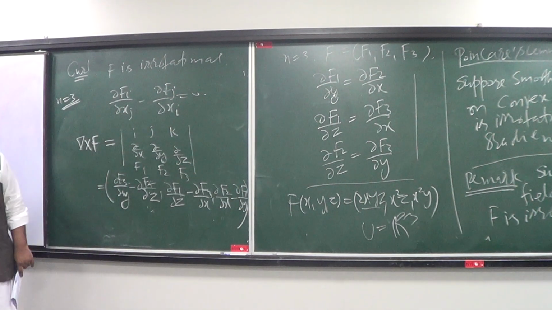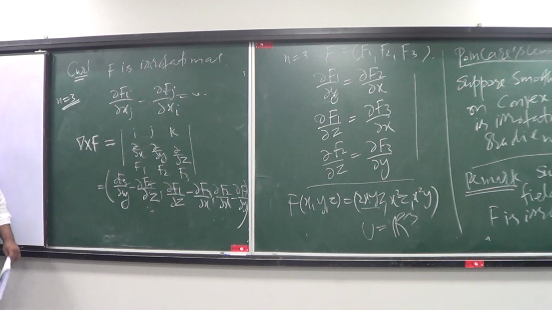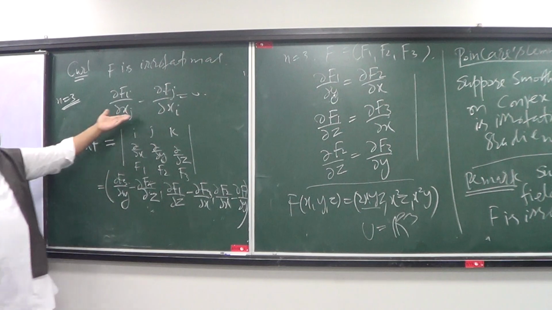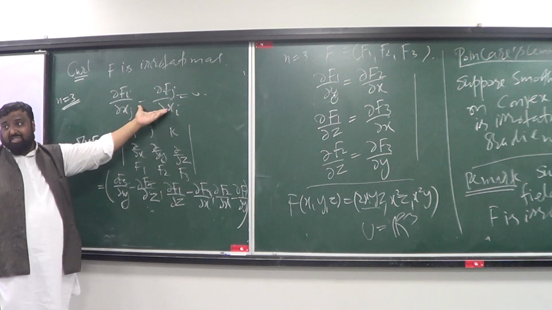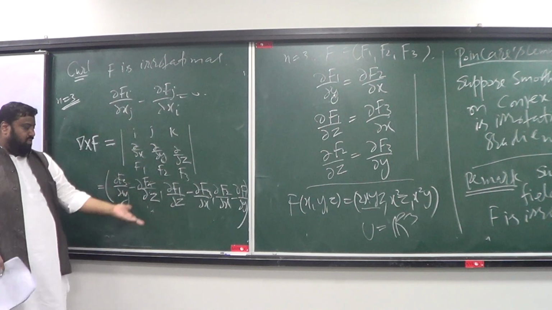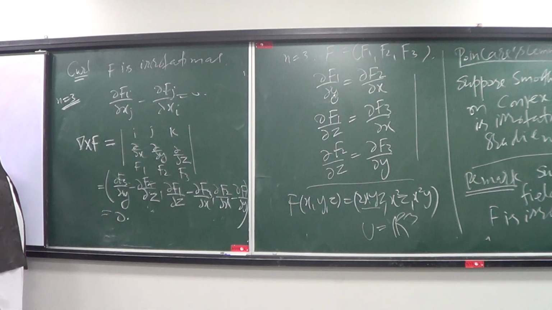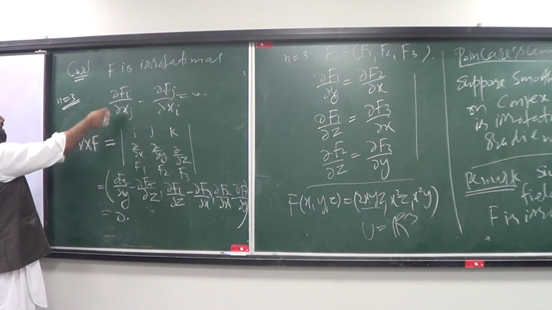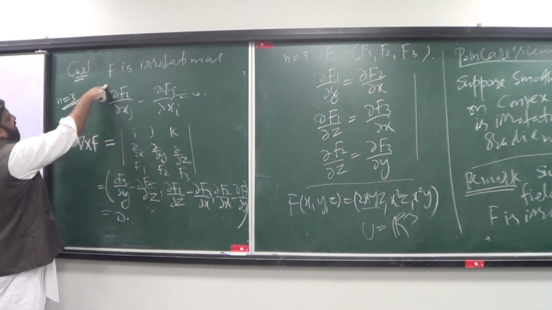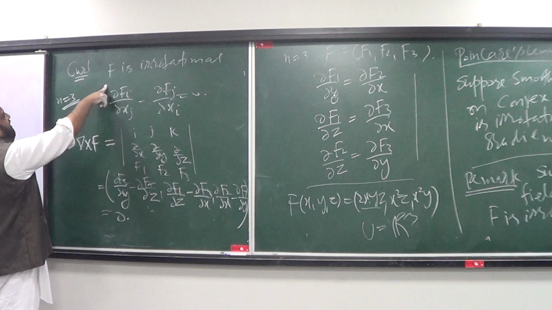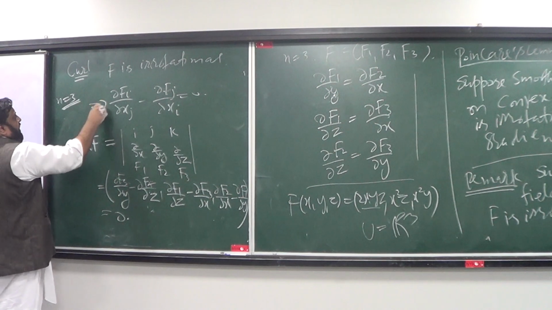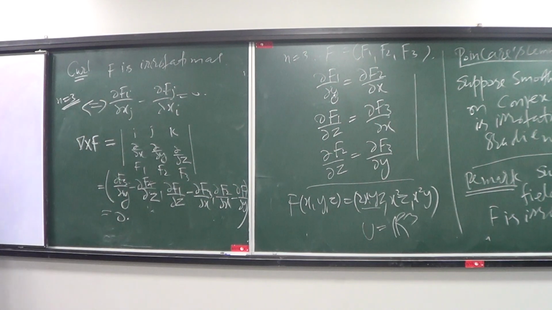Now think about it. If f is irrotational, I know these guys are 0. And if these are 0, what is this? So in three dimensions, a vector field is irrotational if and only if del cross f is 0.